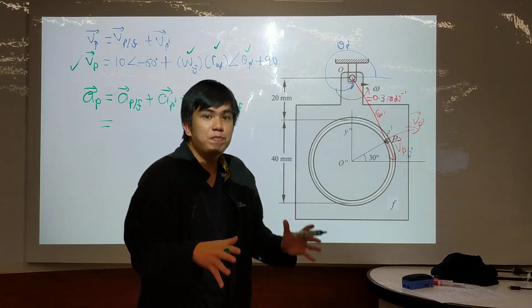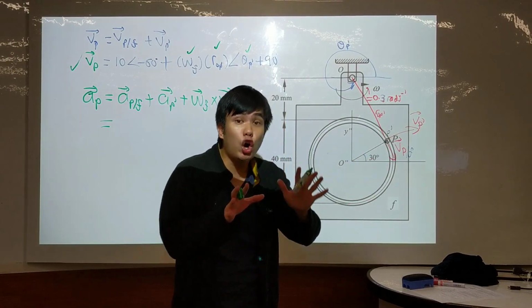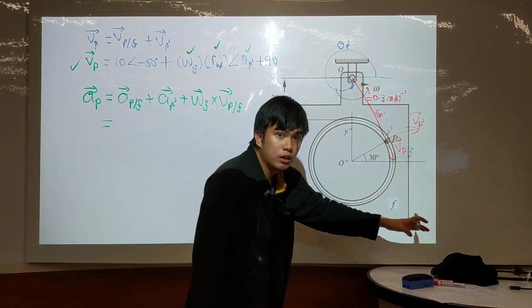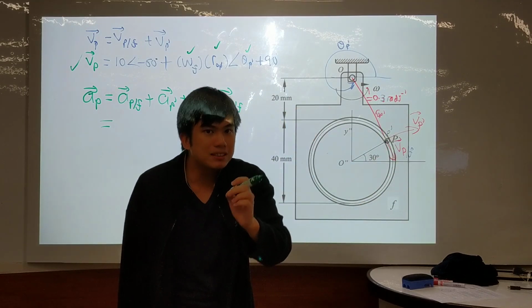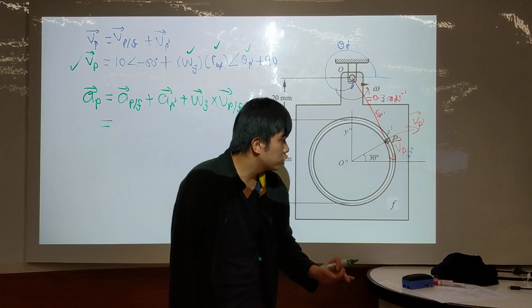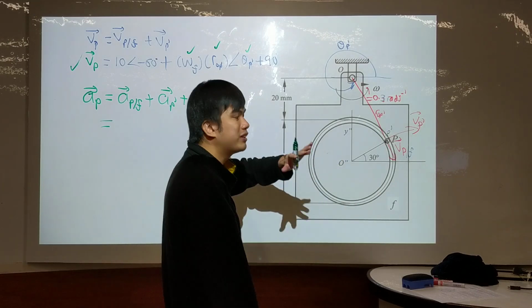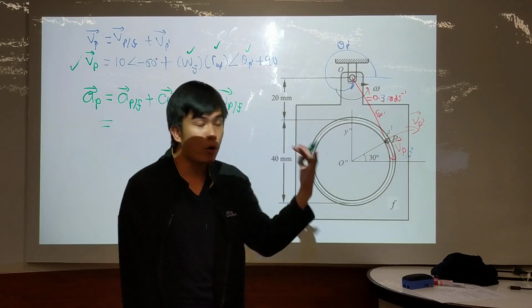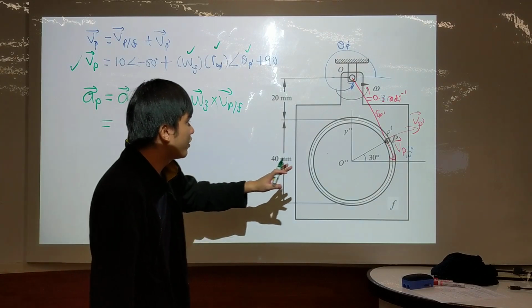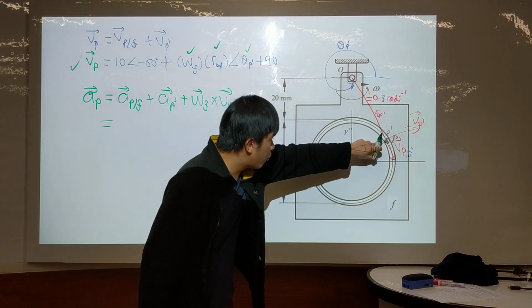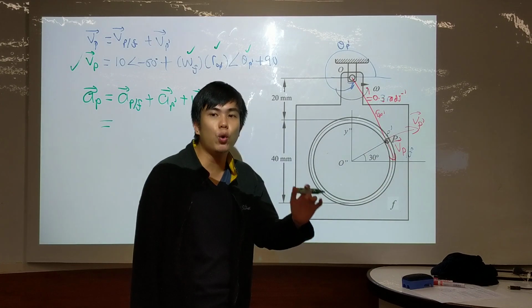Now, please take note, in F perspective, point P is going in a constant velocity circular motion. If it's a circular motion, it means there must be centripetal acceleration. So since it's a constant velocity, it means that there is no tangential component. There's only centripetal component. So acceleration of P with respect to F, the centripetal acceleration, is pointing towards the center of rotation, which is O double prime.